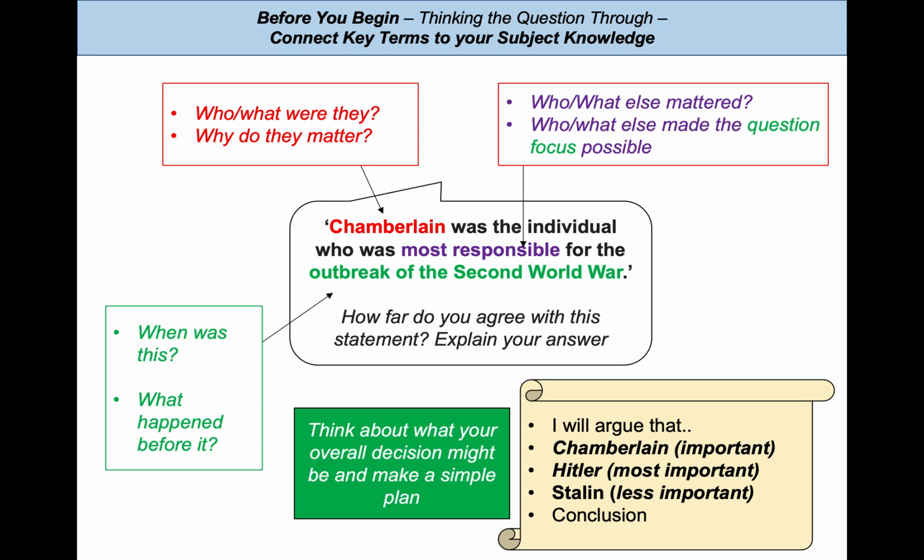So on my exam script, what I might do is make a quick bullet-pointed list. I want to first have an intro, then I want to mention Chamberlain, because he's the first individual who's mentioned in the question, then Hitler, because I see him as most important, and then Stalin. And I'm going to aim to write a conclusion that really does explain why I've put one over the other in terms of who was most responsible.